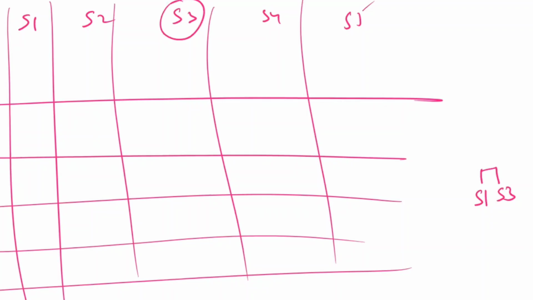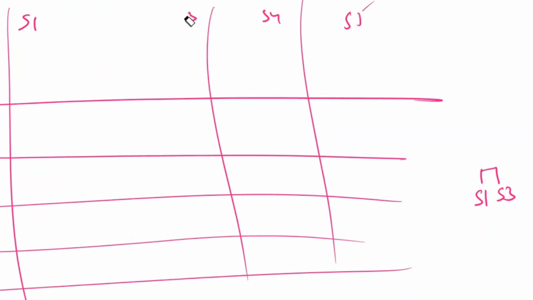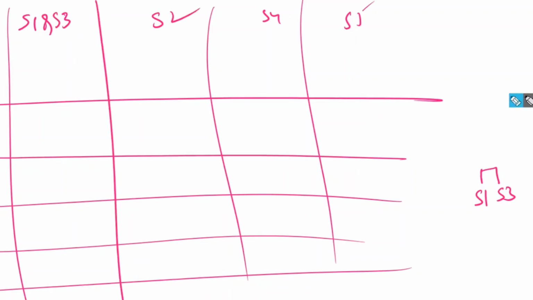Okay. Now, this matrix you have calculated between S1 versus S3, S2 versus S3. Now, you should not calculate between S1 and S3 separately. You have to take S1, S3 as one cluster, along with S2, S4, S5.